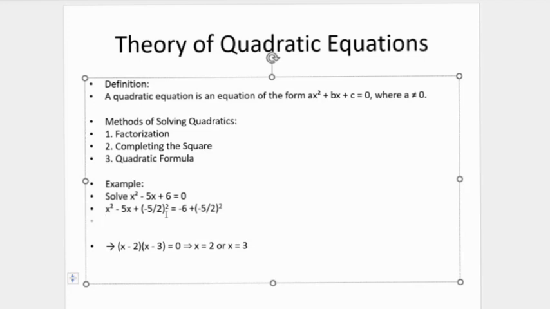When you have this, you can easily write the left-hand side as x minus 5 over 2, squared, that is, x minus 5 over 2 all squared.